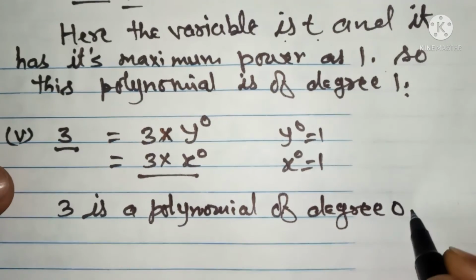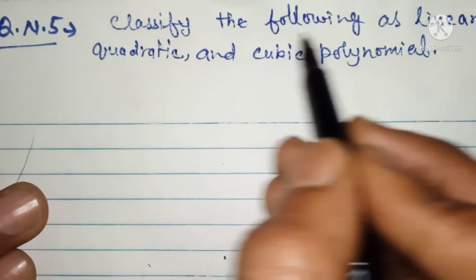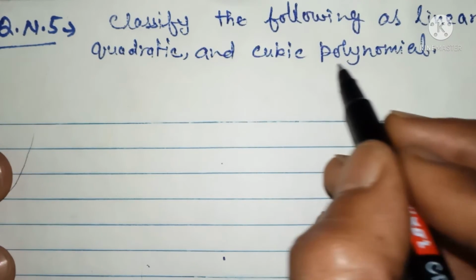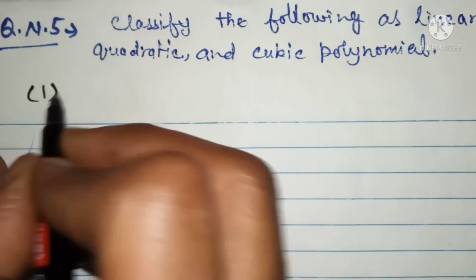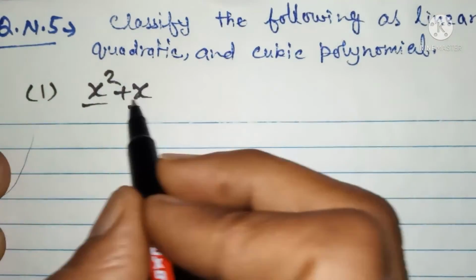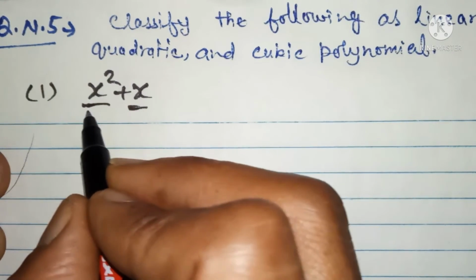Question number 5 states, classify the following as linear, quadratic and cubic polynomial. The first part is x square plus x. Here we have two terms in this polynomial and the variable is x.